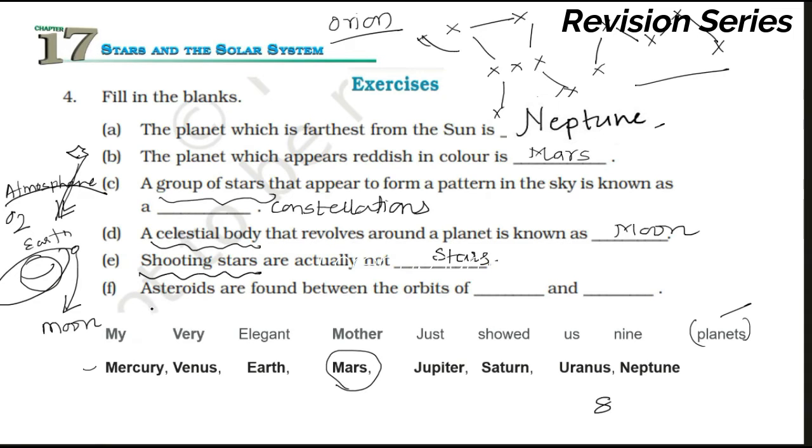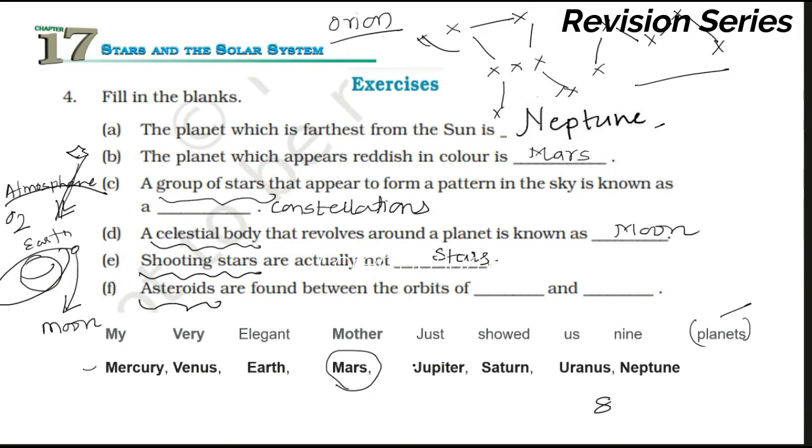Next, asteroids are found between the orbits of dash and dash. Asteroids are millions in number. These are said to be debris which were not able to form into planets in the beginning of the formation of the solar system.